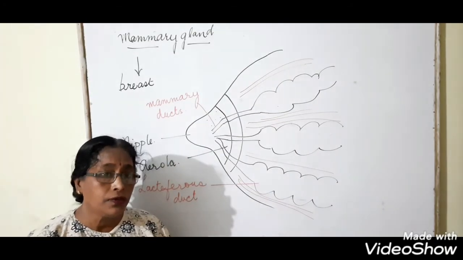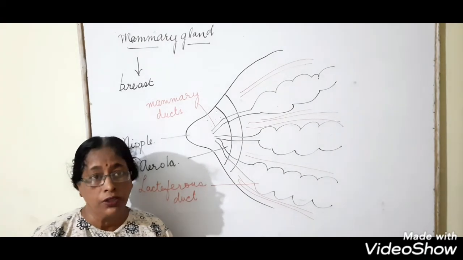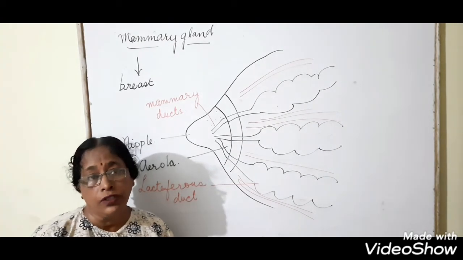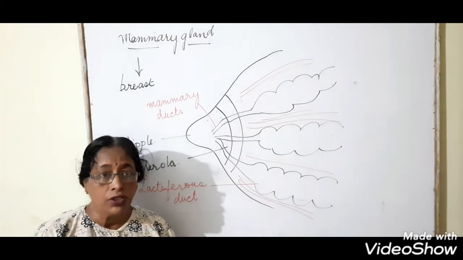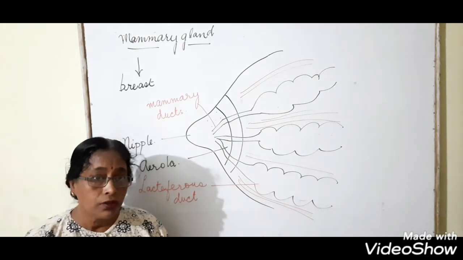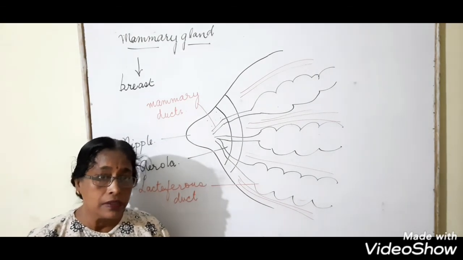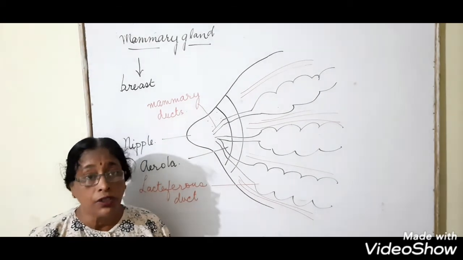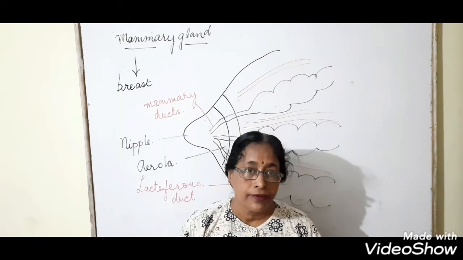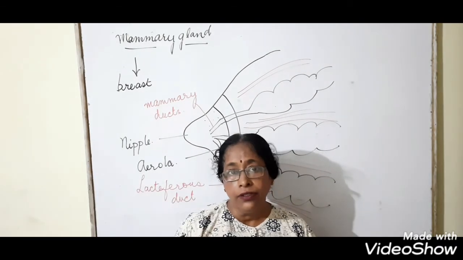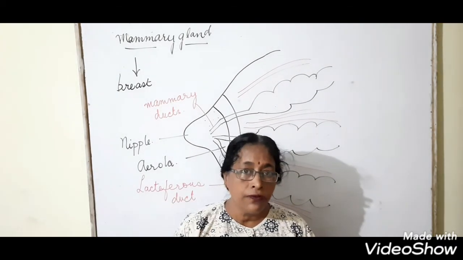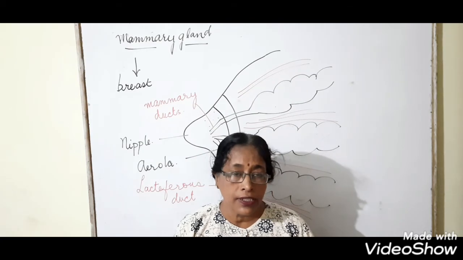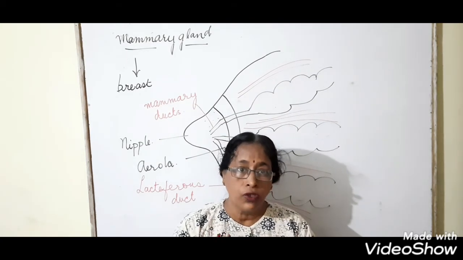The breast increases in size after puberty and after parturition, and during pregnancy also. In the males, the breasts are in rudimentary form. So we have studied the whole of the female reproductive system. It consists of the ovary.